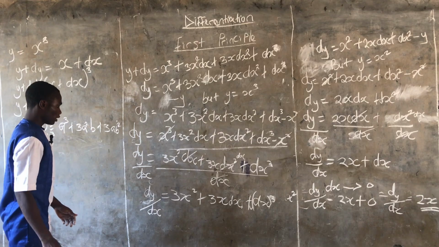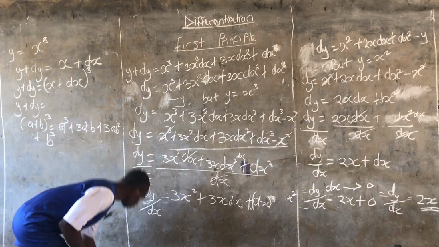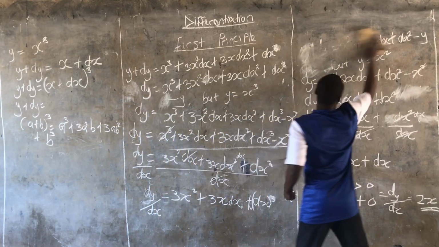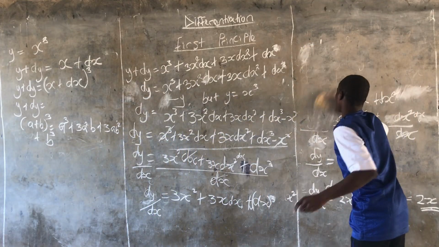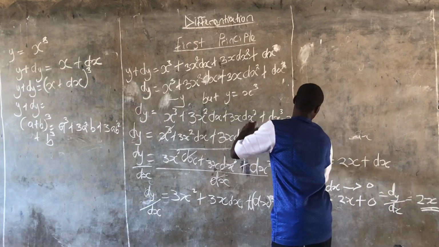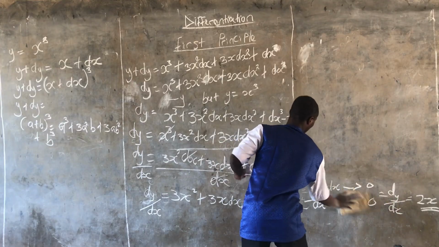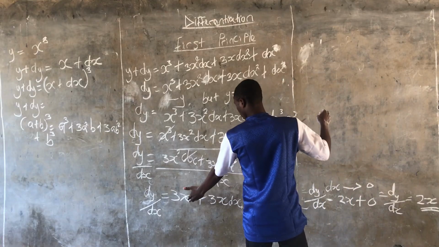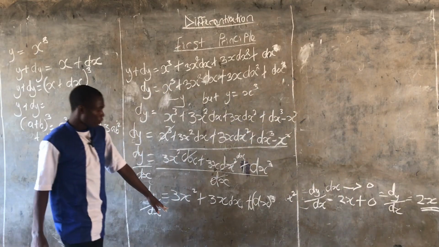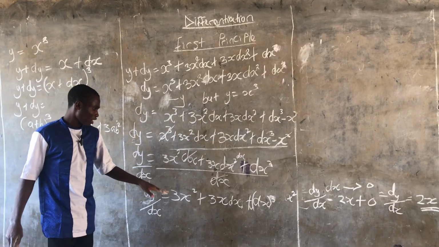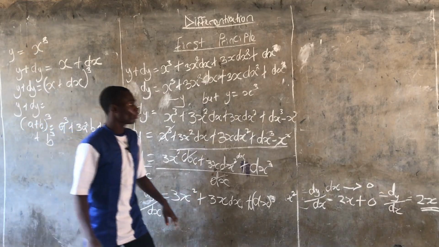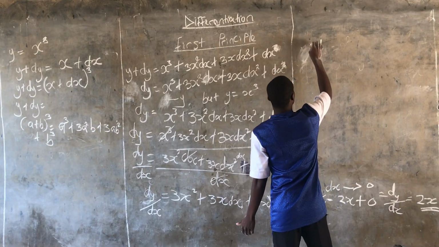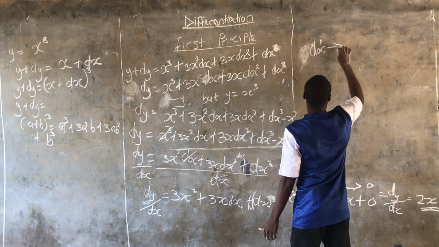So now in this case we have to limit our dx to 0. To limit our dx, we have to limit it to 0. That means wherever you see dx, put 0, or replace it with 0.